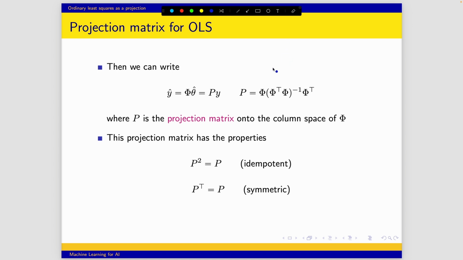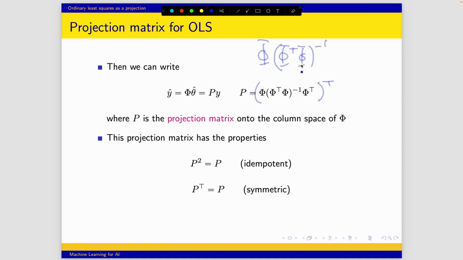So we want to do the transpose of this whole thing. Well, this goes first, so it's going to be the transpose of the transpose of phi, which is just phi, times then the transpose of phi transpose phi inverse.